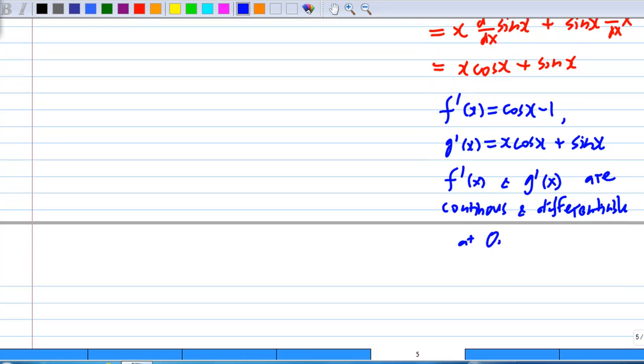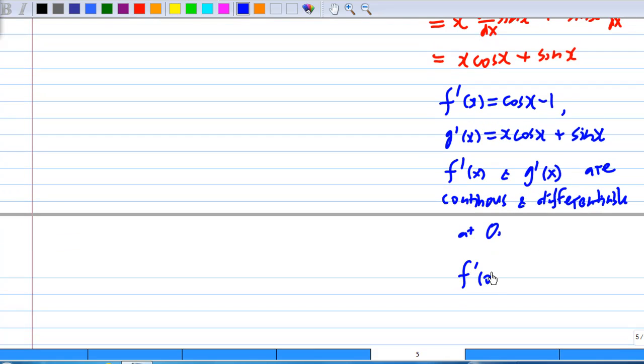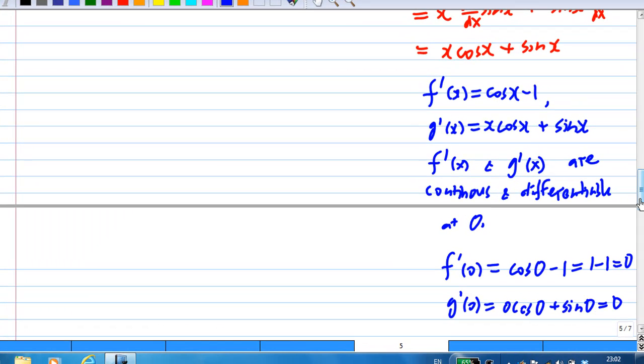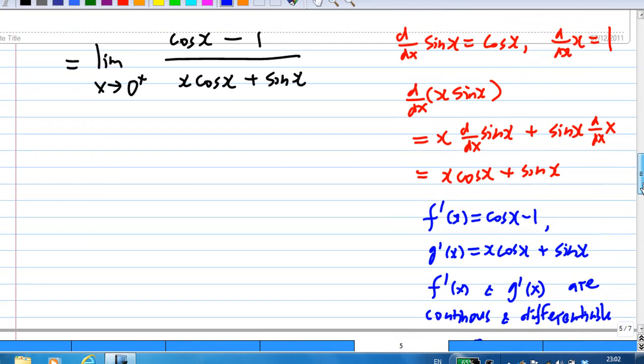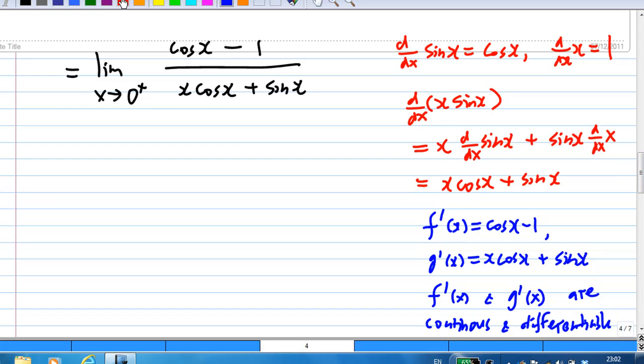In addition, f prime of 0 is equal to cosine 0 minus 1, which is 1 minus 1, you get 0. And g prime of 0 is 0 times cosine 0 plus sine 0, which is again 0. Therefore, the above limit is of the type 0 over 0 indeterminate form. We can apply L'Hopital's rule again.